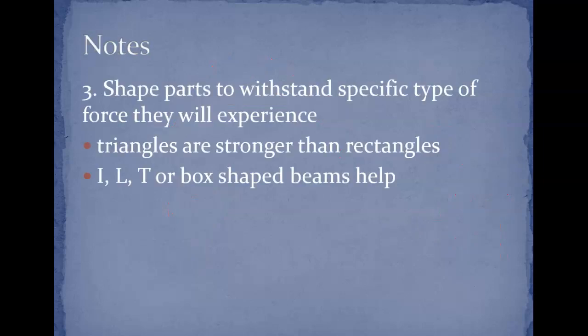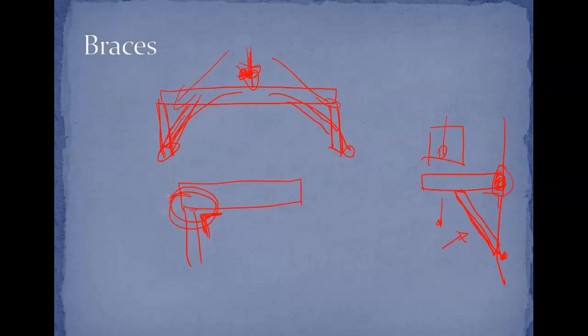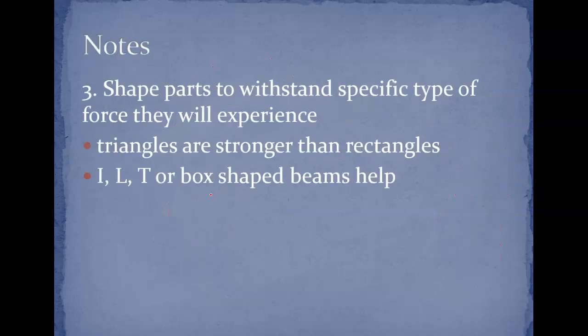Now, shapes can withstand specific forces. Triangles generally are stronger than rectangles, or I, L, or T-shaped beams can help. Again, we kind of talked already about an L-shaped brace, but you can see the same thing happening with beams.